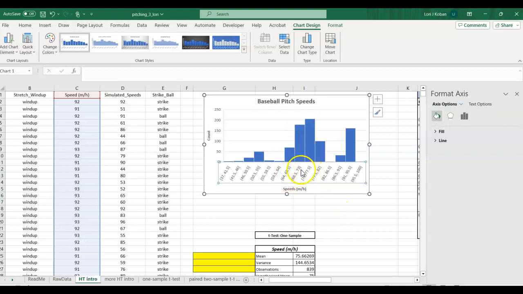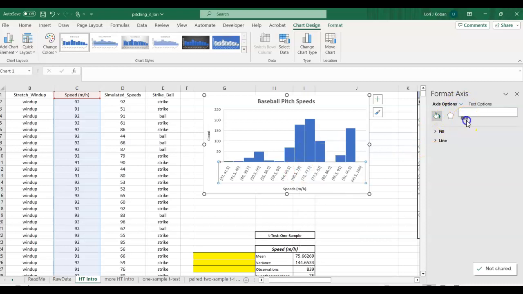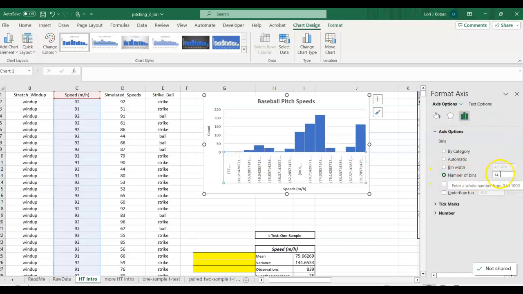Now, just to remind you, you can change the number of intervals. So if you go down and click on that horizontal axis and look for axis options, I'm going to click on the graph part. The number of bins, I want to show you can change it. So let's just make it 15.